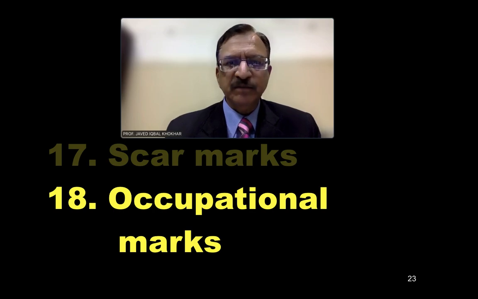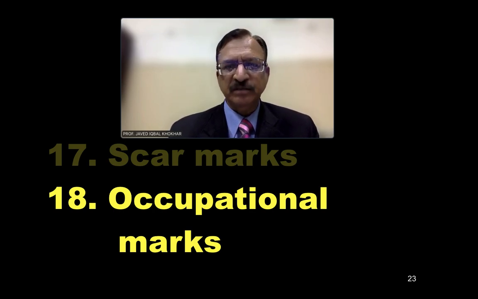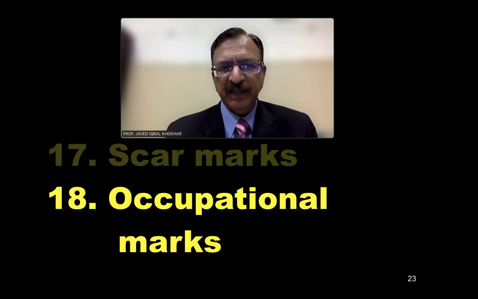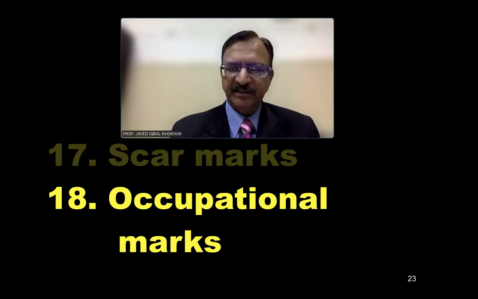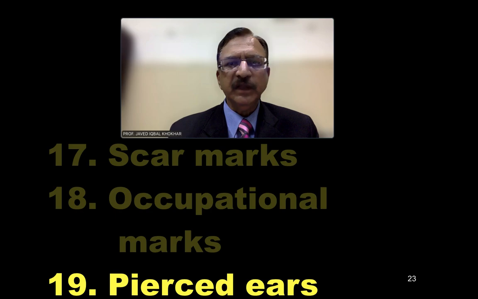Then occupational marks, certain characteristic occupational marks, they are marked on the body, on the hands, on the other parts of the body, and they are very, very characteristic. Then pierced ears. Sometimes the pierced ears are also helpful in identifying a particular individual.